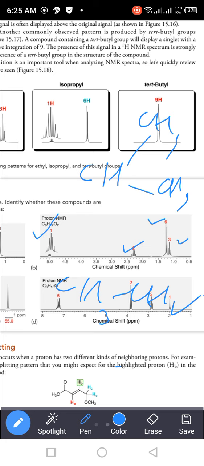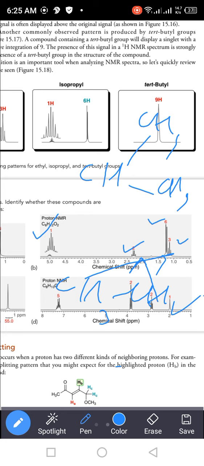In the ethyl group, 3 proton integration value will be triplet and 2 proton integration value will be quartet. Means this is a quartet and this is a triplet. So simply four peaks are justified.